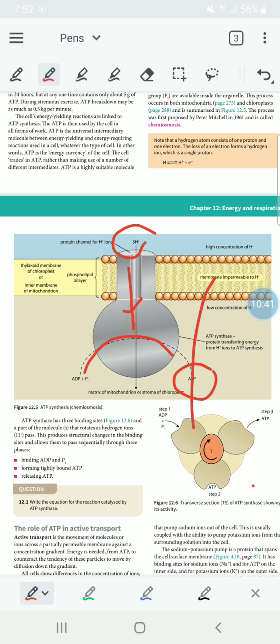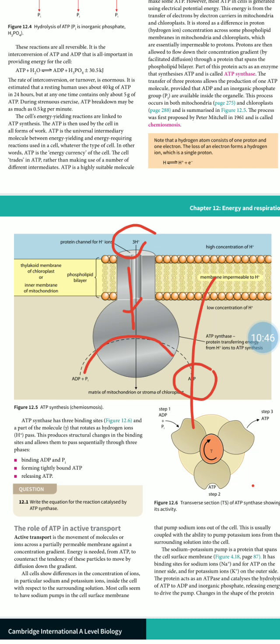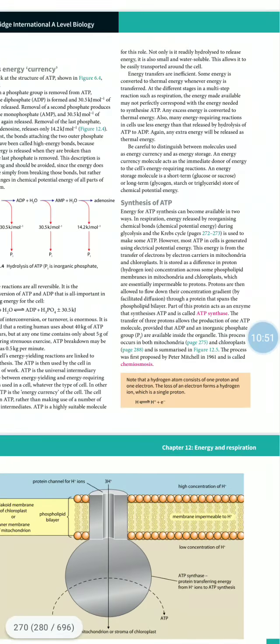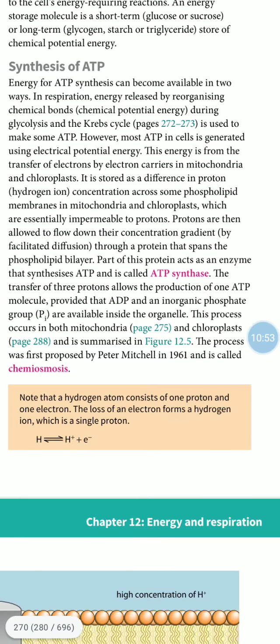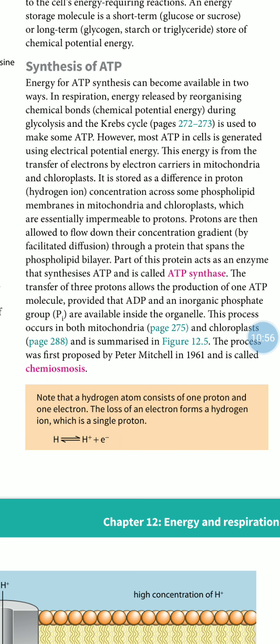Now let's write down a note. Synthesis of ATP. The energy required for the synthesis of ATP becomes available in two ways. Number one, chemical potential energy.